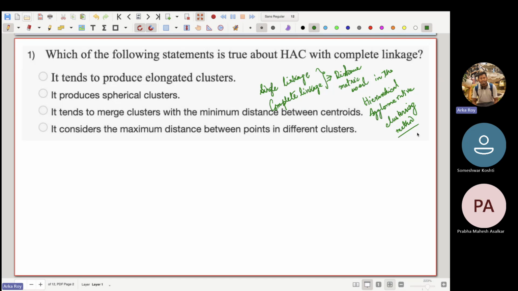Now, based on what criteria will you group them? There is no unique way to define how you group them.